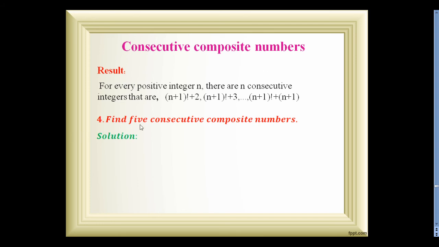Fourth one, find 5 consecutive composite numbers. Solution: here I will take n equal to 5 because we have to find 5 consecutive composite numbers.